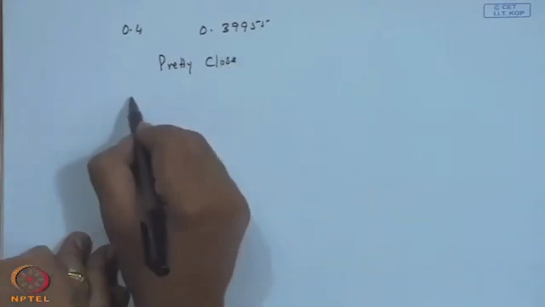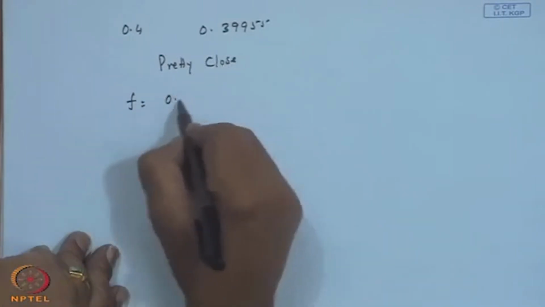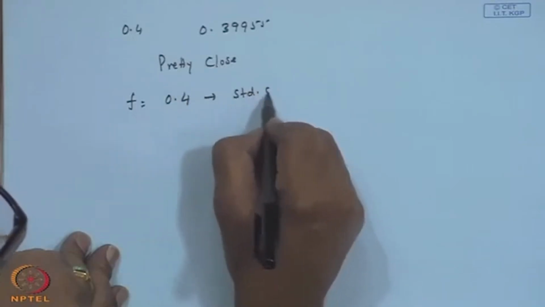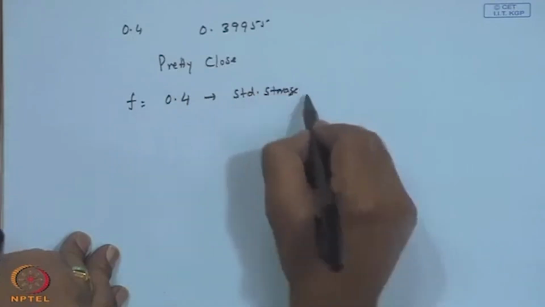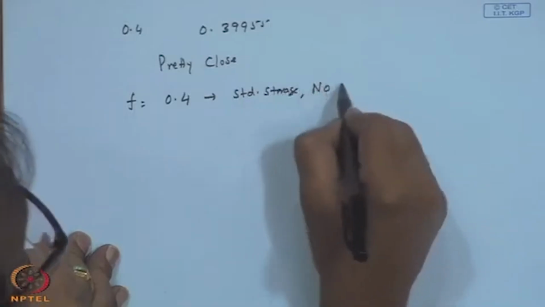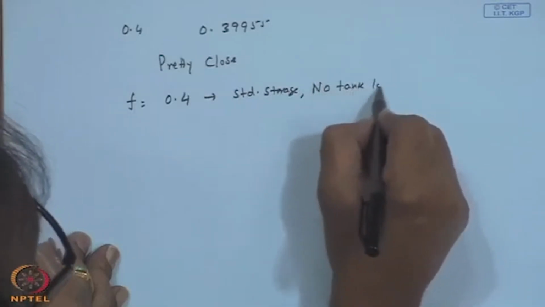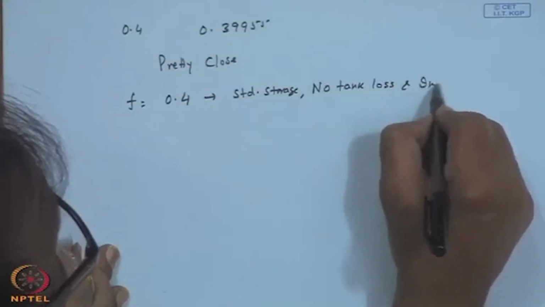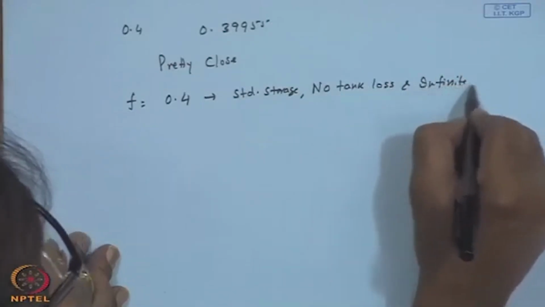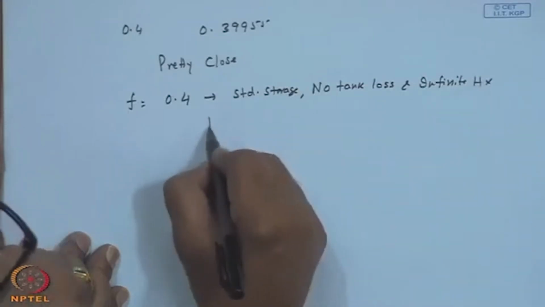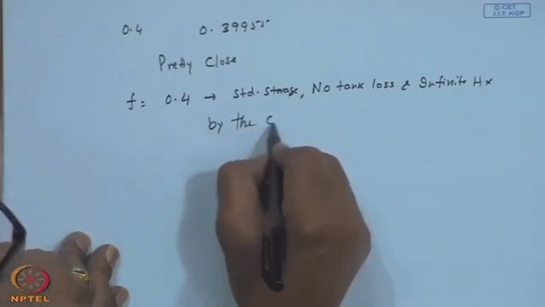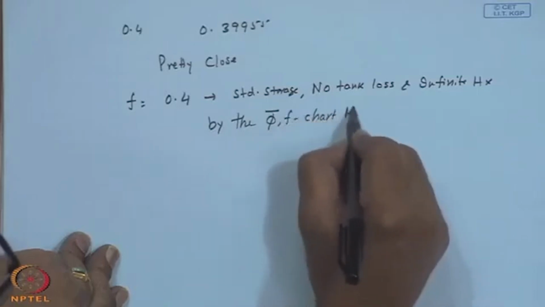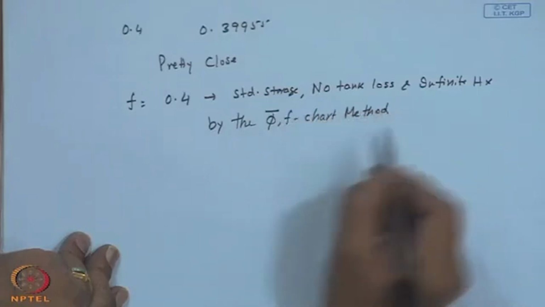So, you got F of 0.4 for standard storage, no tank loss, and infinite heat exchanger by the phi bar F chart method for the same split system.